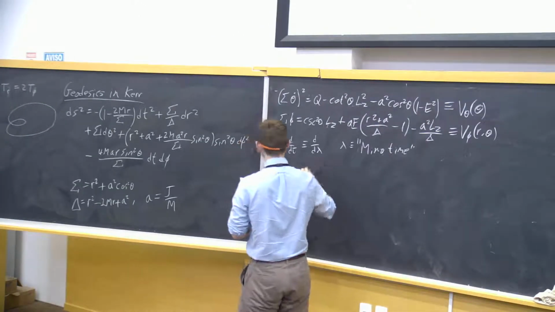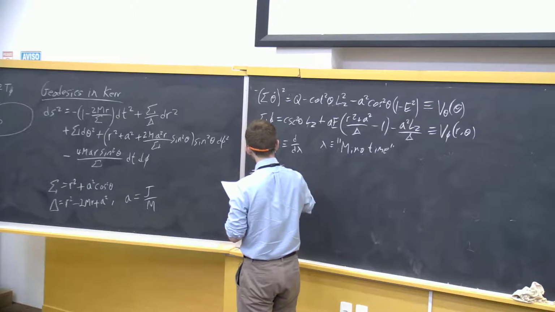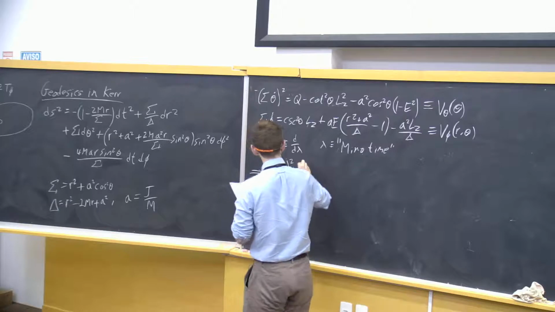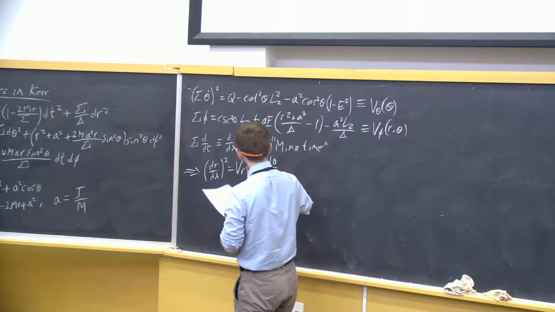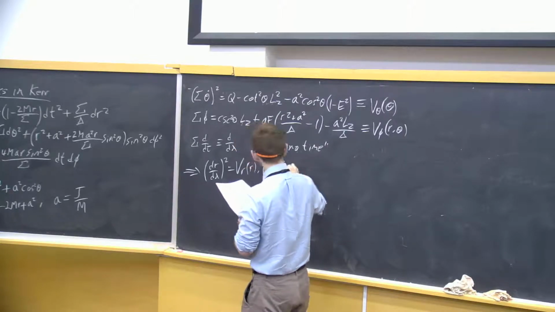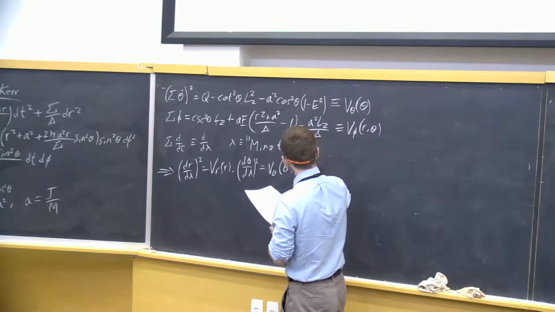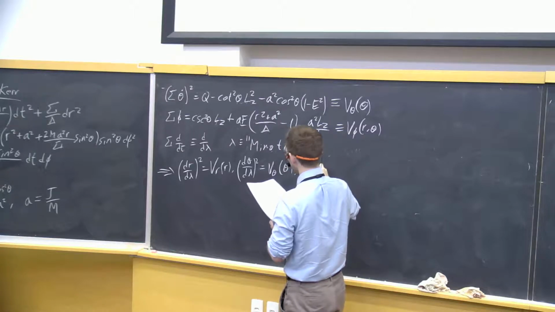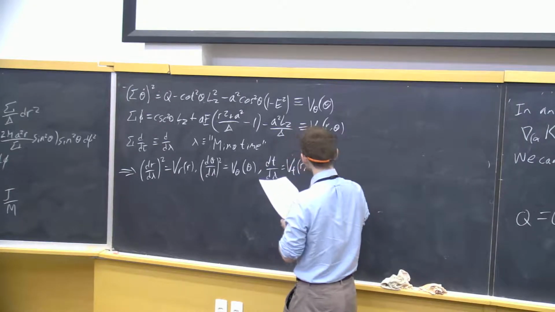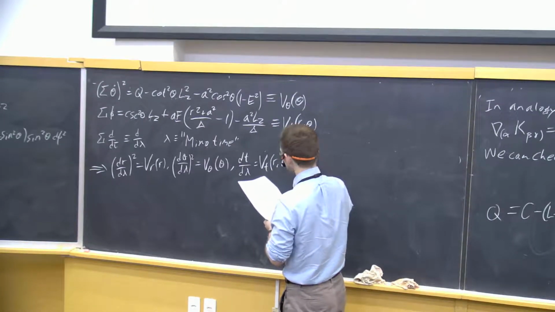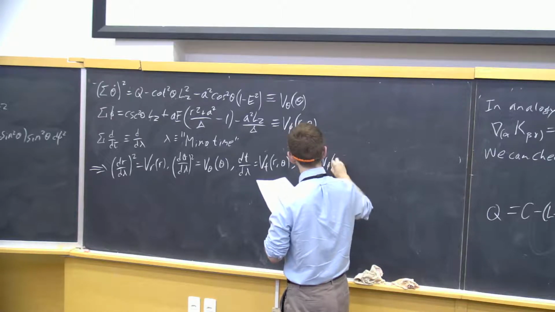So in terms of this Mino time, dr d lambda squared is Vr of R, d theta d lambda squared is V theta of theta, dt d lambda is Vt of R theta, and d phi d lambda is V phi of R theta.